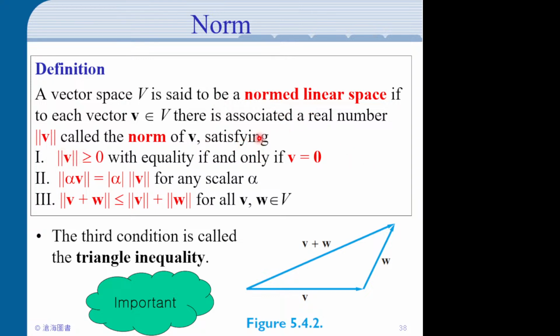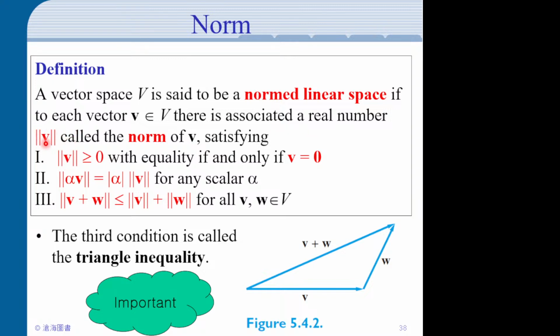Okay. So it's an even looser definition, so we can define a norm on a vector space without it even having an inner product. So we say a vector space is a normed space if it has this norm defined on it. And norm is an even simpler structure than the inner product.